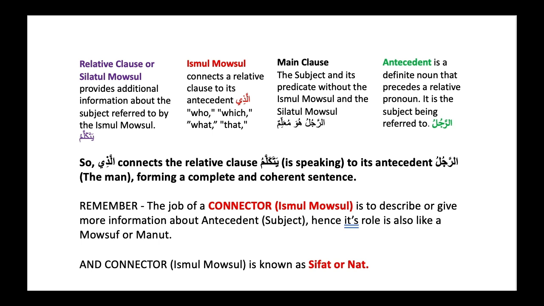So allazi connects the relative clause yatakallamu, is speaking, to its antecedent ar-rajulu, the man, forming a complete and coherent sentence. Remember, the job of a connector Ismul Mowsul is to describe or give more information about antecedent or subject. Hence, its role is also like a Mawsuf or Manut. And the connector or Ismul Mowsul is known as Sifat or Nat.